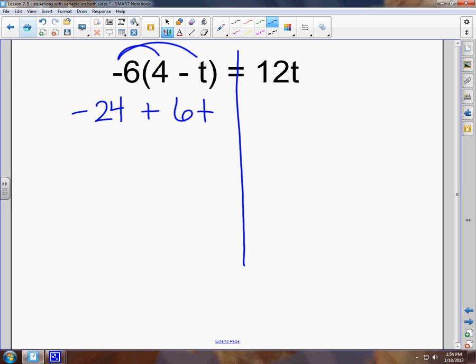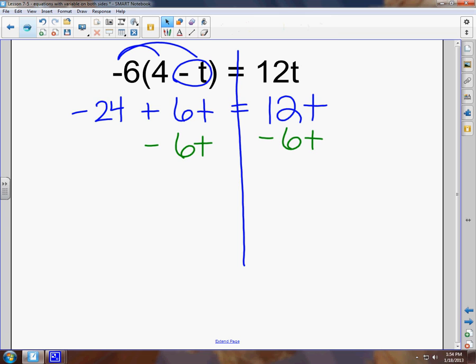Now, if you did this and you wrote minus 6t, you'll get a totally different answer. You have to be careful. Remember that that negative sign goes with that t, and a negative 6 times a negative t makes a positive 6t. So then that equals 12t. So I am going to minus 6t from both sides because I want to get my variables to one side.